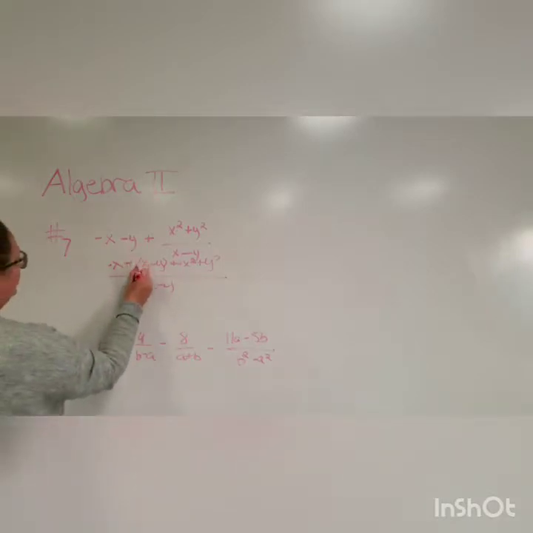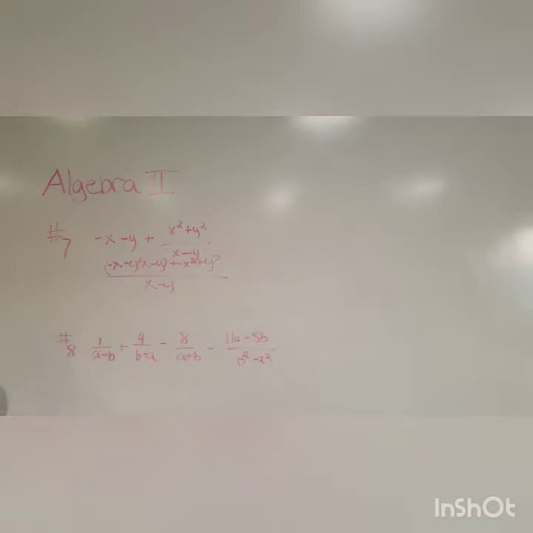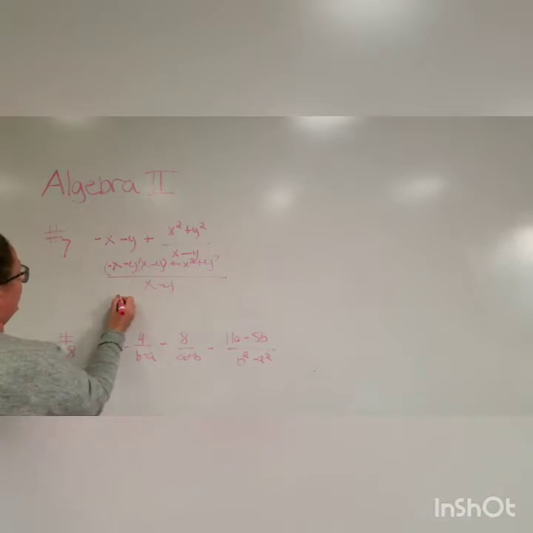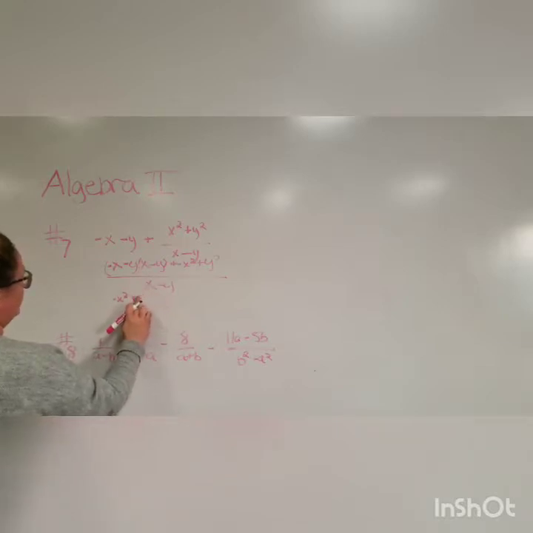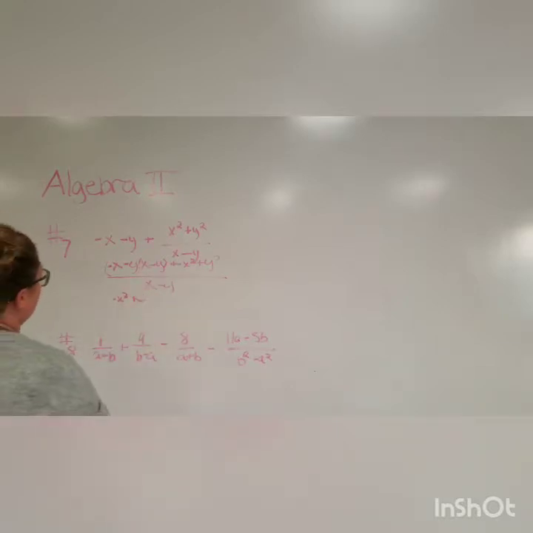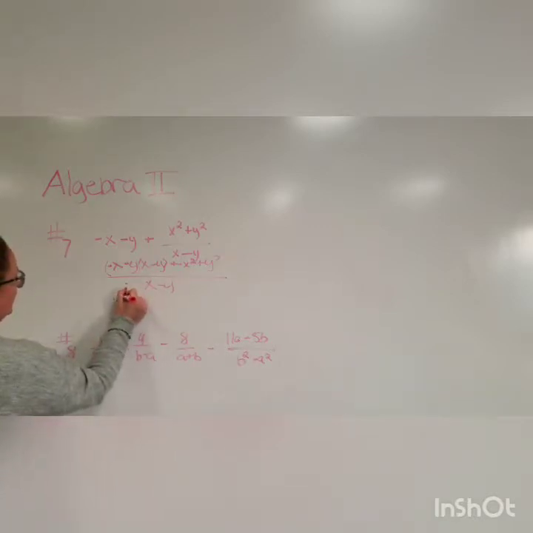This is a binomial times a binomial. So we'll have to do FOIL method here to get this problem. So negative x times x is negative x squared. Negative x times negative y is actually plus xy, because two negatives make a positive. Let me write this right. So negative x squared plus xy.